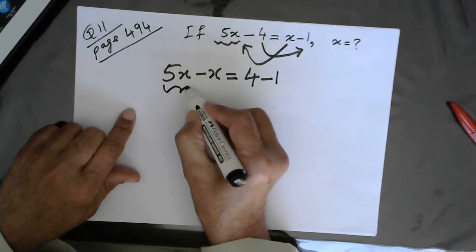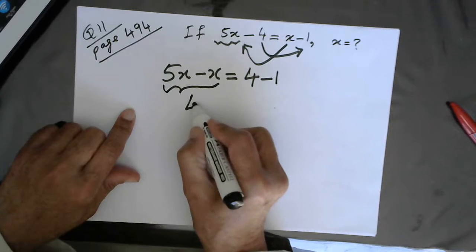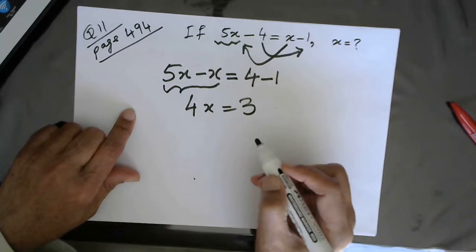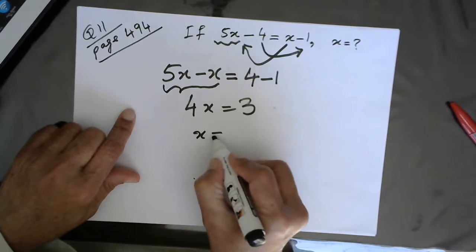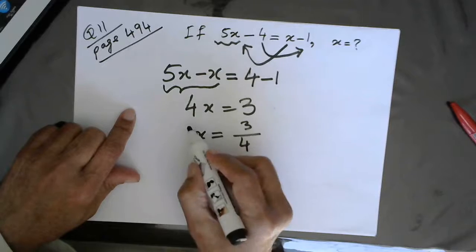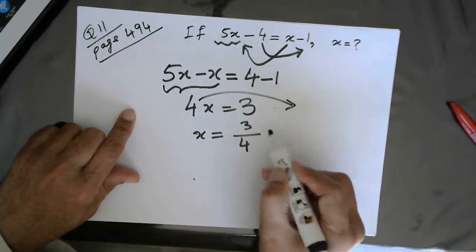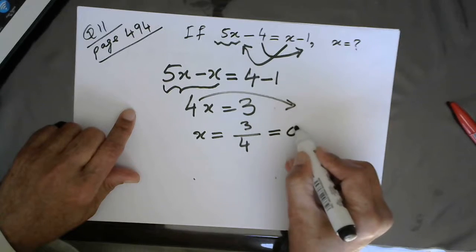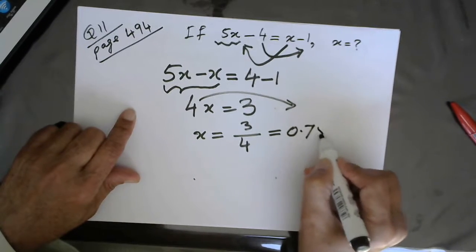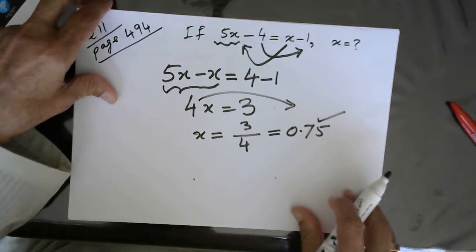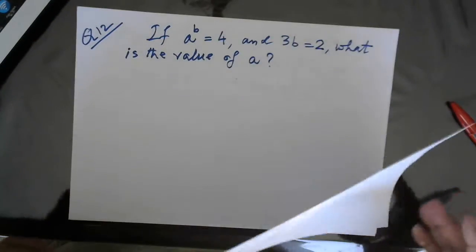Now, what is 5x minus x? 4x. And what is 4 minus 1? 3. So what about x? X is equal to 3 divided by 4. When this 4 is transferred to the right, it will go down in the denominator. 3 by 4 can also be written as 0.75. So this is the answer. That was number 11.